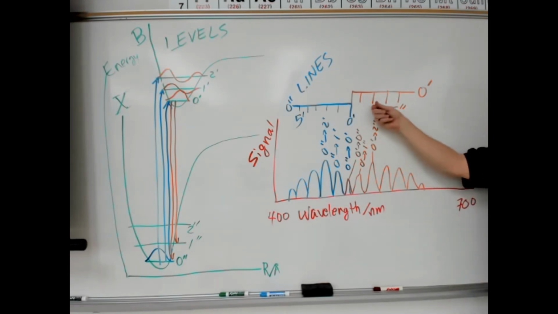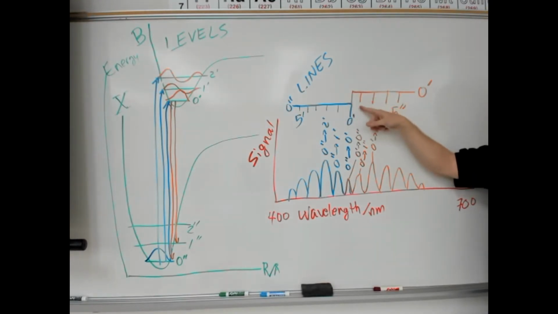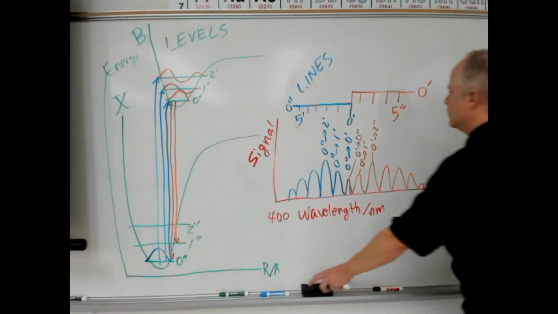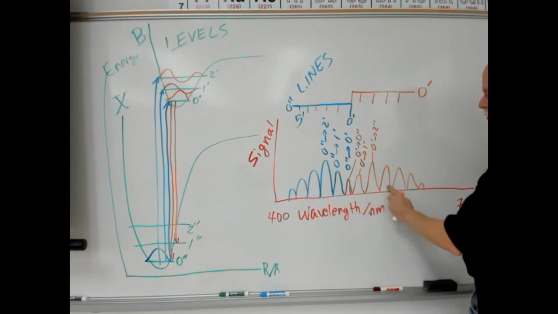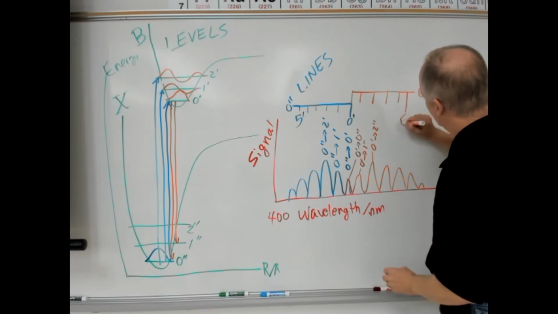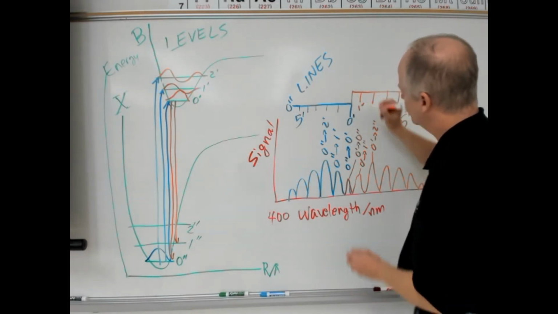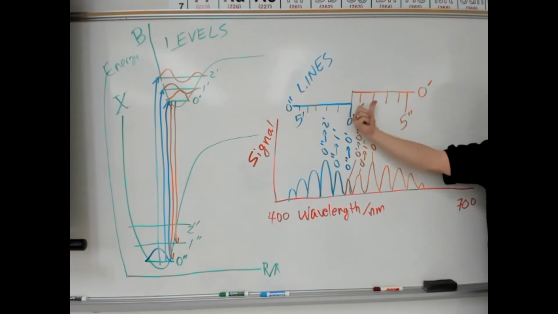And so we could draw our little bar here, starting at 0 prime and going to 0 double prime, 1 double prime, 2, 3, 4, 5. So again, the same kind of assignment, but now it's going this direction.